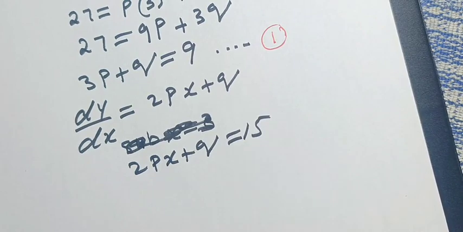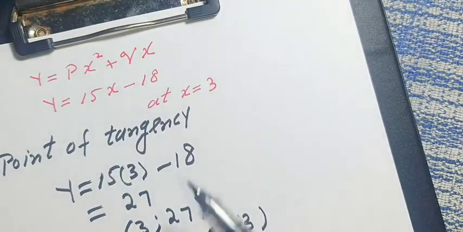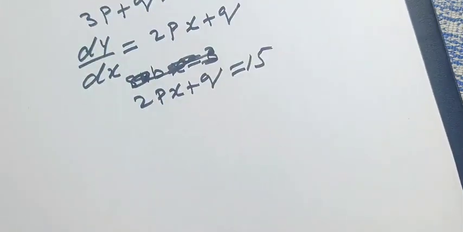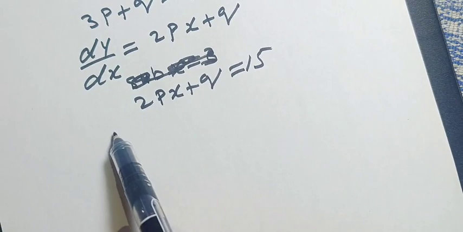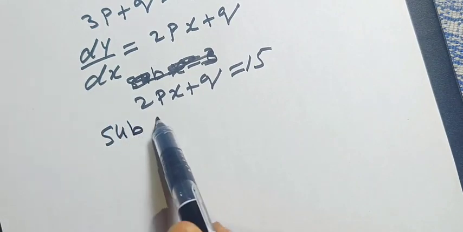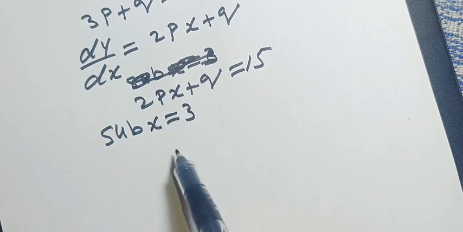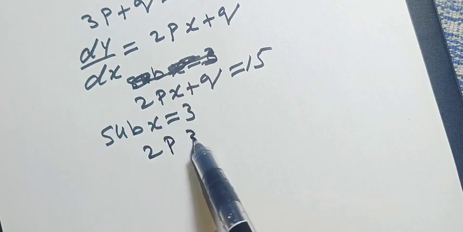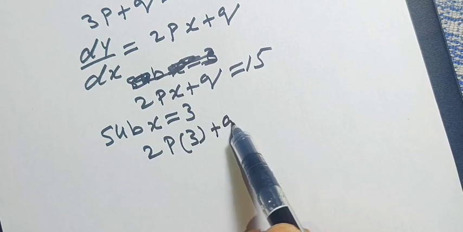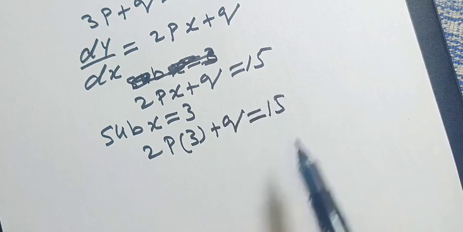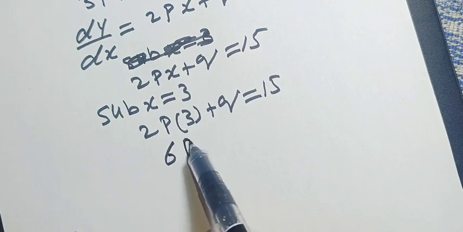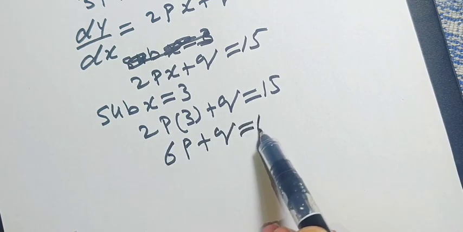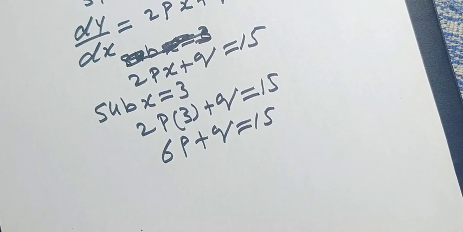Now we must remember the x value is 3 there, so I can substitute x equal to 3 in here. So 2p multiplied by 3 plus q is equal to 15, which is 6p plus q is equal to 15. This becomes my number 2.